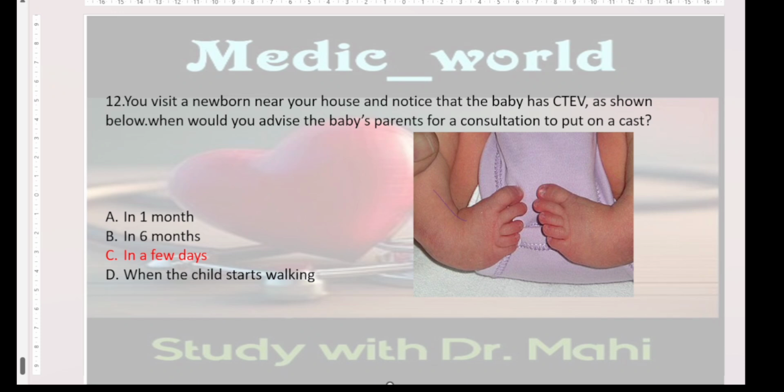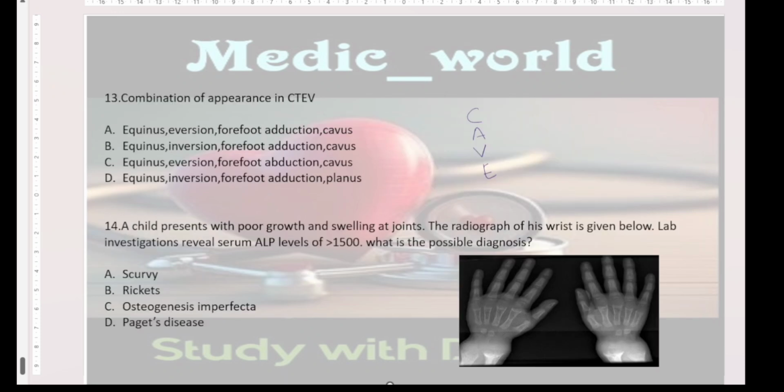It shows inversion, not eversion. So A and C are cancelled because of eversion. Now, both have forefoot adduction, but we have cavus, not planus. So the answer to this question is option B, that is equinus, inversion, forefoot adduction, and cavus.